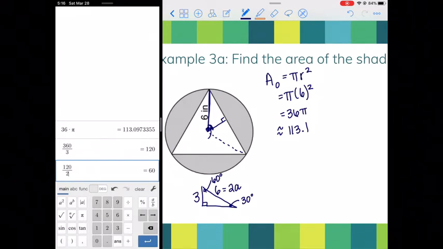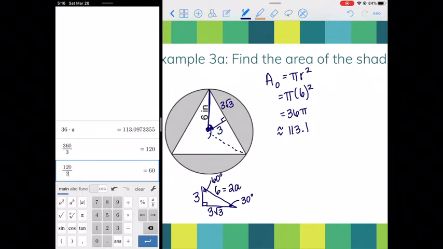The longer leg of a 30, 60, 90 triangle is the shortest side times the square root of 3. So this one, it's written like A root 3. Since I know that the value of A is 3, this longer side is going to be 3 root 3. So the apothem here is 3, and the side length is 3 root 3.